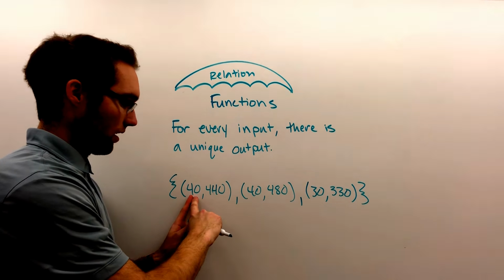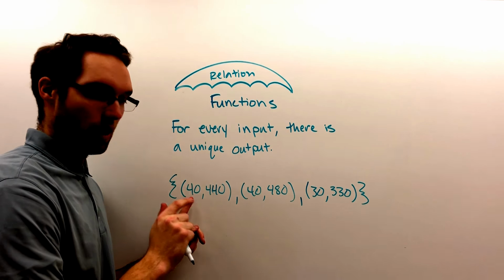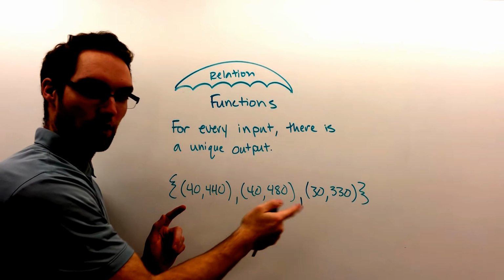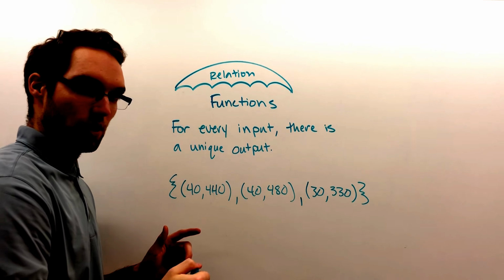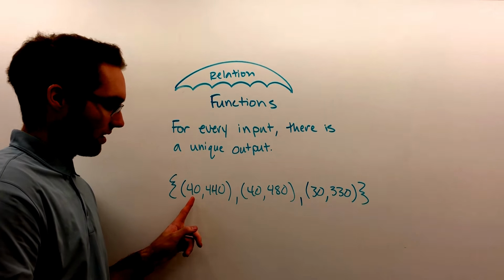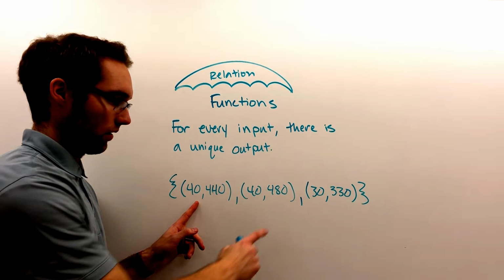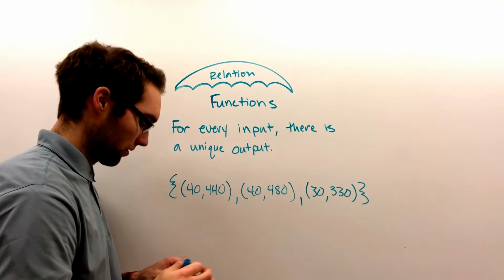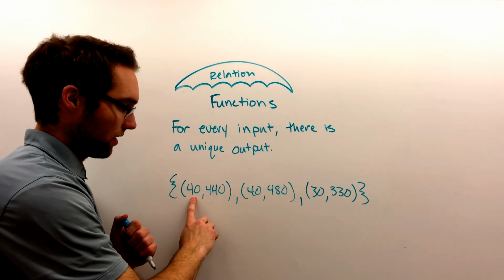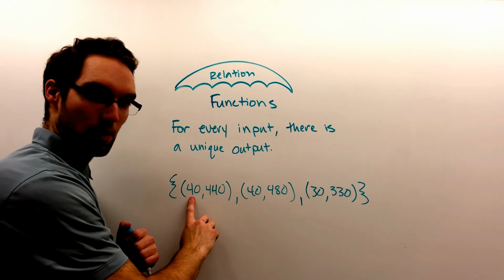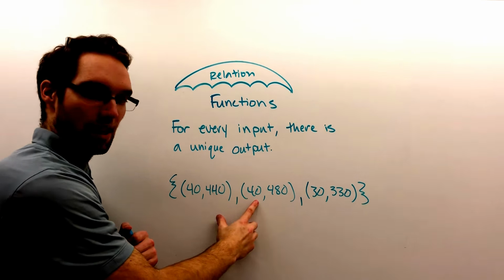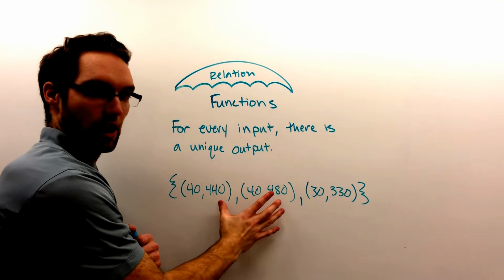Well, if it's a function, not always a relation, this is perfectly fine for a relation, but for a function, what we're saying is that anytime someone works 40 hours a week, they're going to make $440. We can't have the same input, both of them worked 40 hours a week, and different outputs.